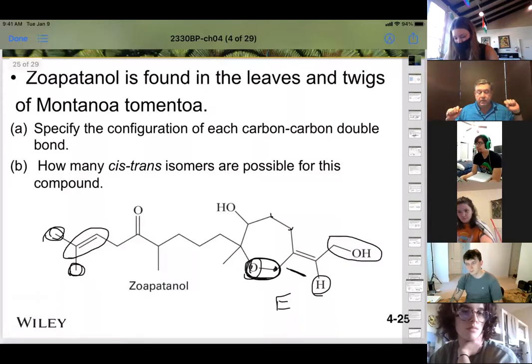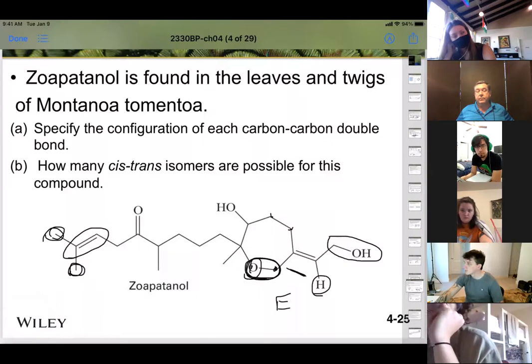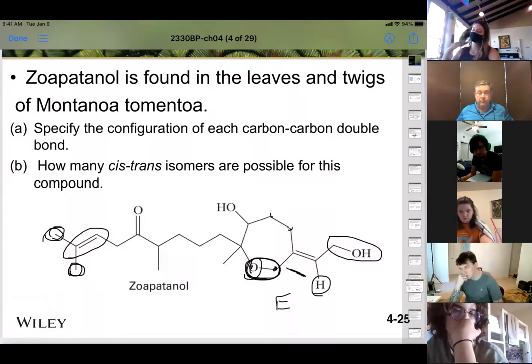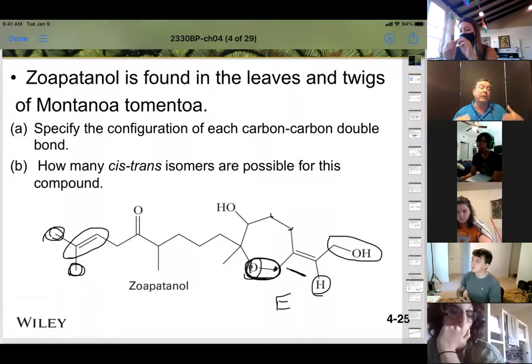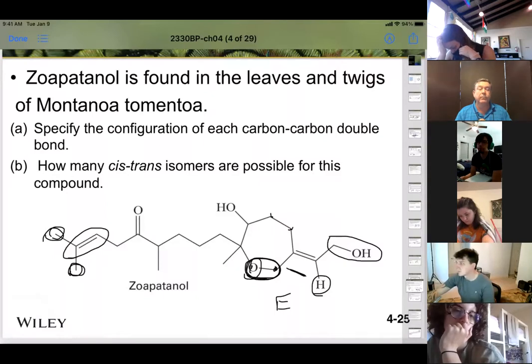I have a question about that real quick. Yes. So that whole molecule, did you kind of divide it up into two parts? Well, we were looking at the cis-trans isomerization, and only the double bonds have cis-trans isomerization. So I only identified the double bonds and worked with those first. On the other side, when you said they're both the same, why didn't you keep going to that double bonded oxygen?